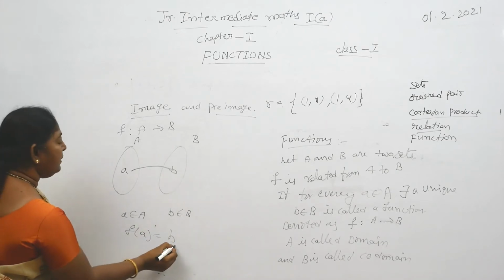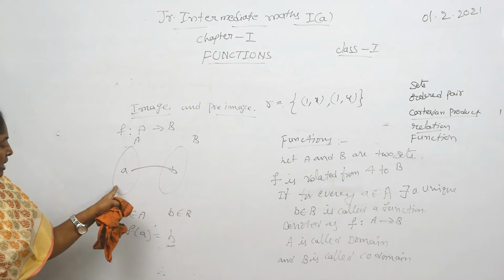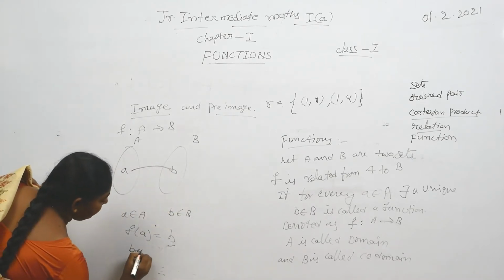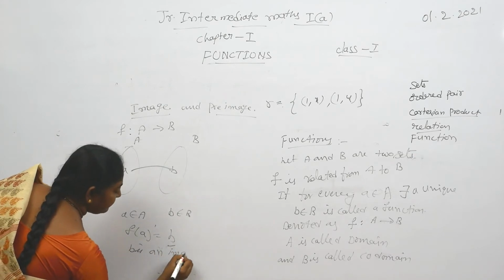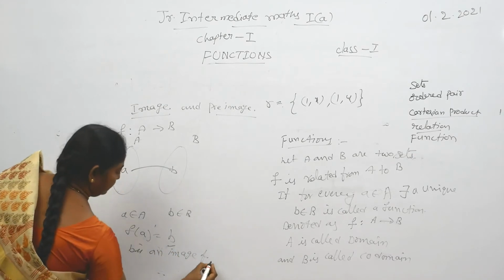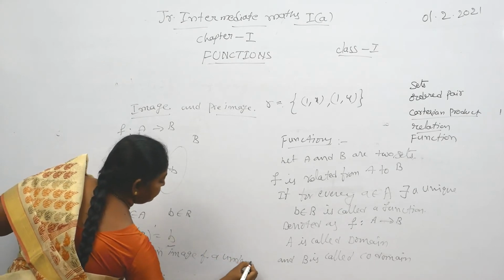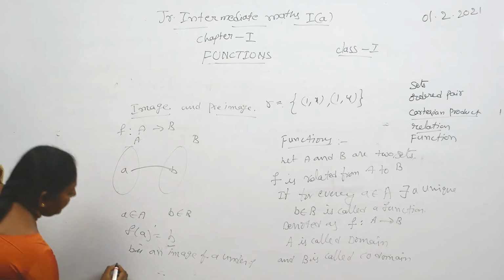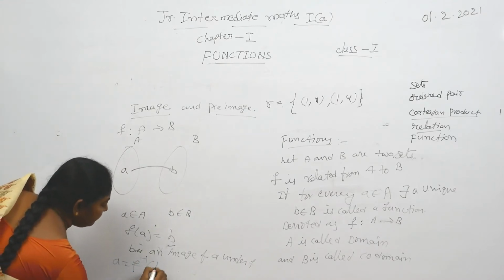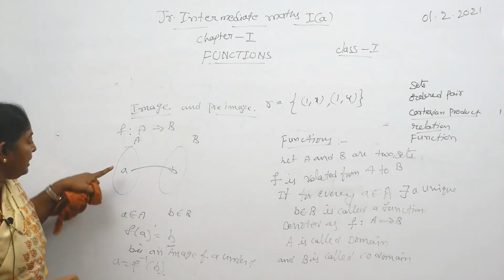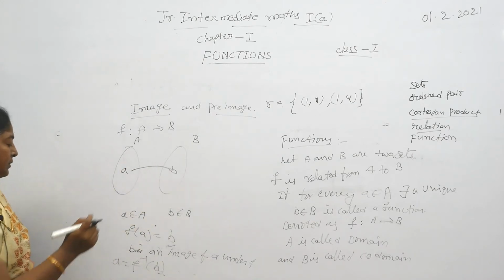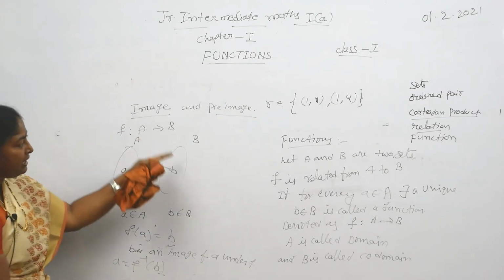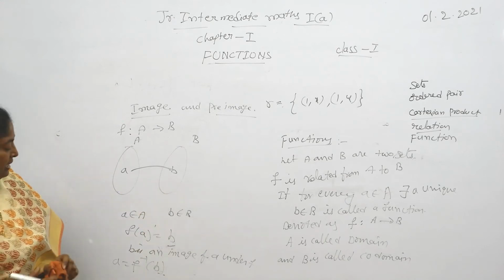So here b is the image of a under f. And pre-image: a equals f inverse of b. So here a is the pre-image, or inverse image, of b under f.